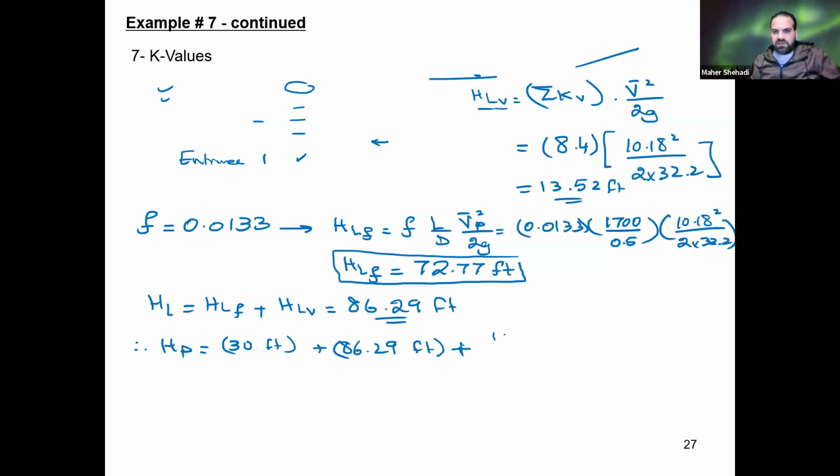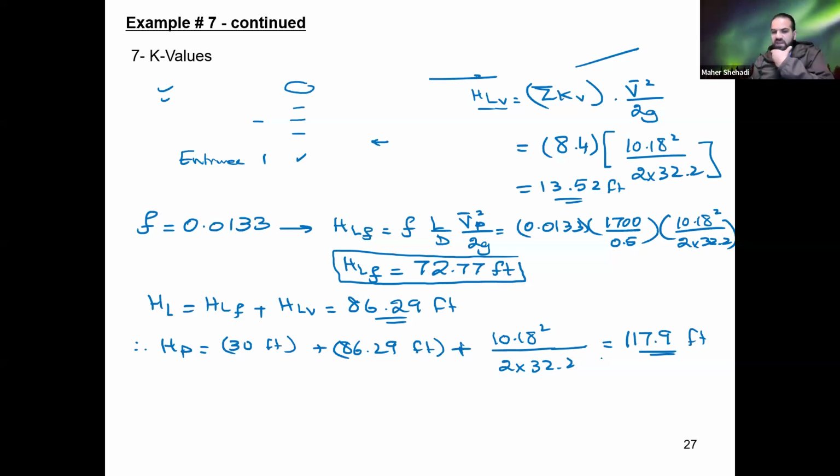Then we have the velocity, 10.18 feet squared per second squared divided by 2 times 32.2 feet per second squared. So we'll have the answer in feet. I got in my notes 117.9 feet.